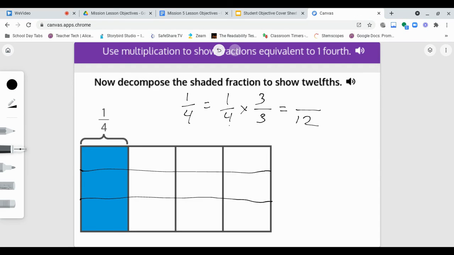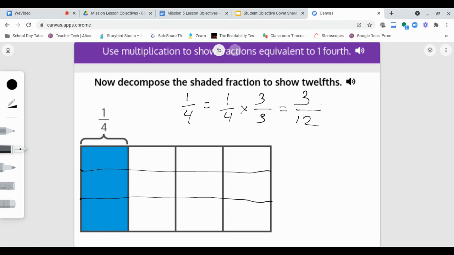A shortcut is to ask yourself, 4 times what number is 12? And you could have figured out 3. Eventually you can get to the point where you don't even need to draw it out. But for today we can draw it out and feel good about it. So let's see, 4 times 3, does that equal 12? Yeah, it did. We're just double checking that.